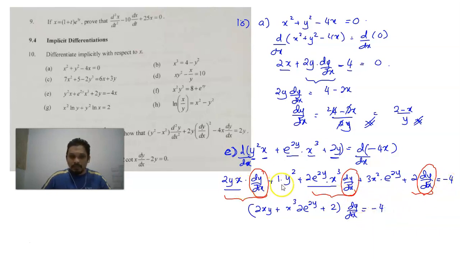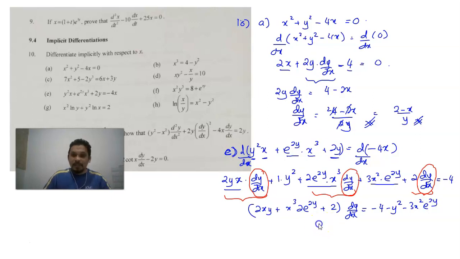Now the y squared here becomes minus y squared, and also minus 3x squared e power of 2y.